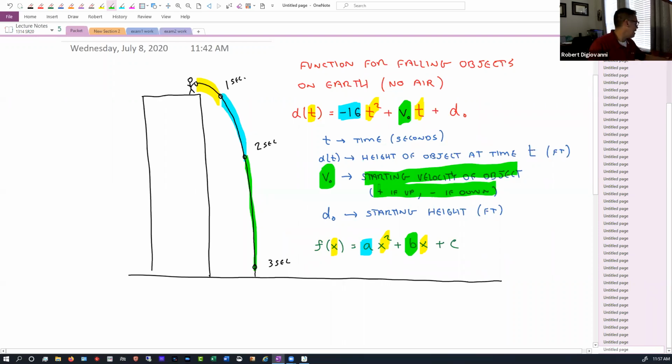And what we mean by that is this. Let's say I have two objects that I'm going to drop. Let's say these were the same thing, like they're both exactly the same pens. If I just drop them from the same height, they're going to hit at exactly the same time.